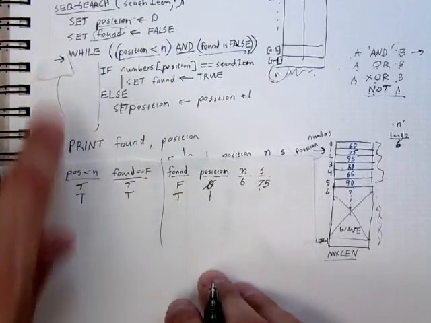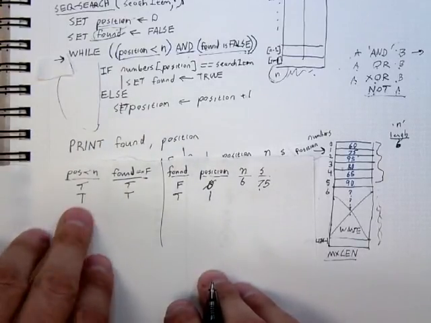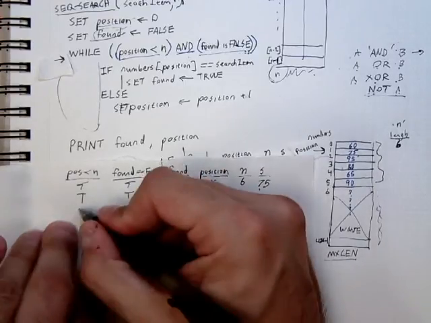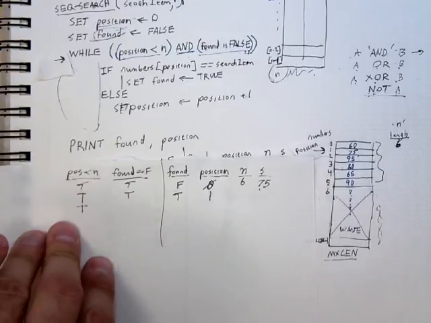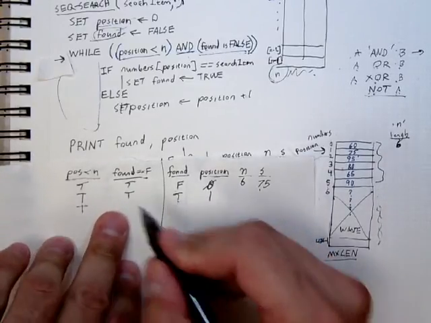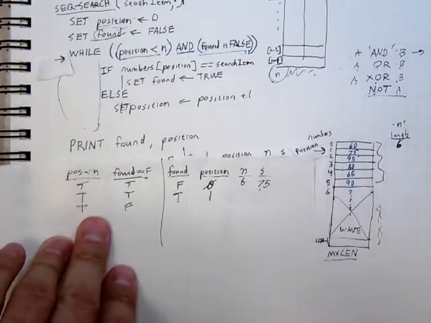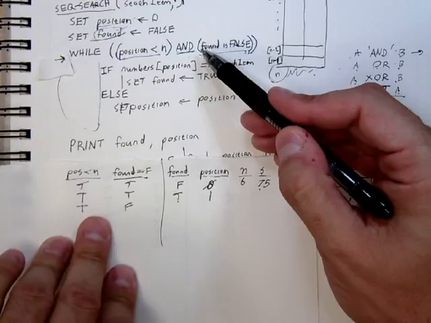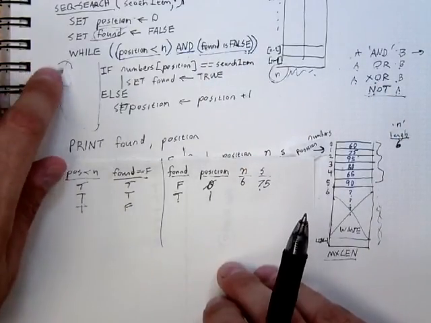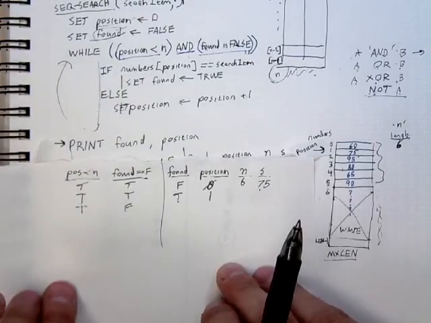We come up here to the while part and we check. Is position less than n? Is 1 less than 6? That's still true. And is found equal to false? Well, found is true, and true does not equal false, so this is false. Because of the and, they both have to be true, and since one of them isn't true, we're going to jump out.